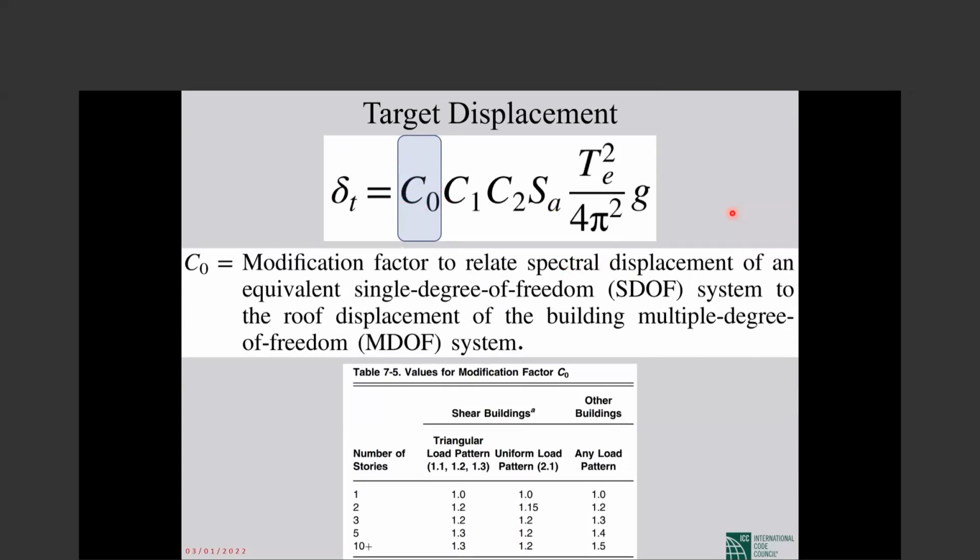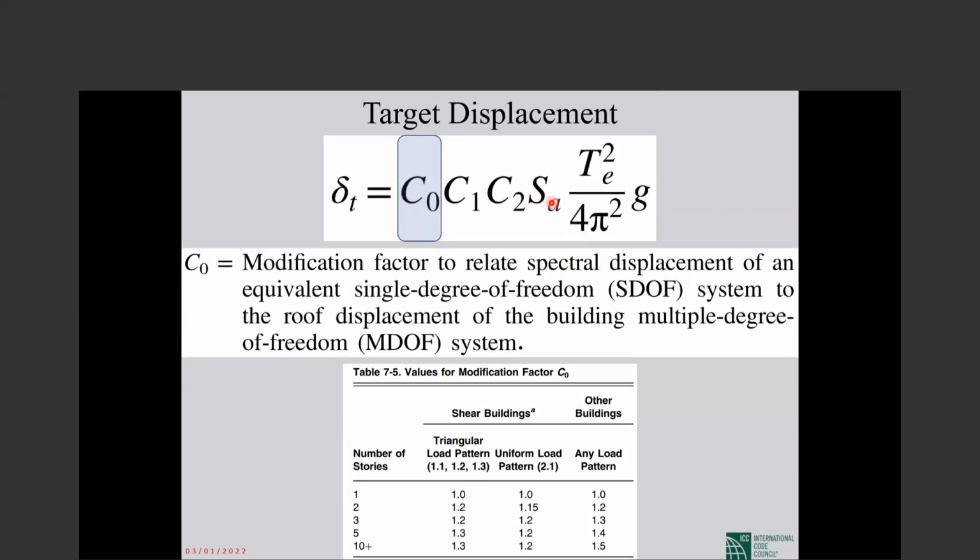If we use the response spectrum, the response spectrum gives us the maximum acceleration for each period, maximum acceleration for each building, each single degree of freedom system.